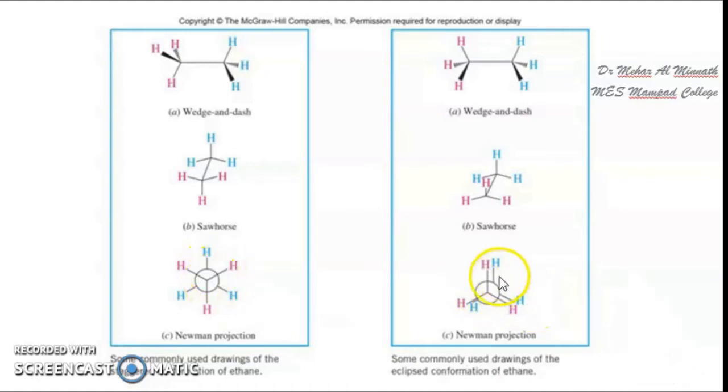And in eclipsed conformation, the dihedral angle is 0 degree. So you can say that when the dihedral angle is 0 degree, we call it an eclipsed conformation, and when the dihedral angle is 180 degree, we call it a staggered conformation.